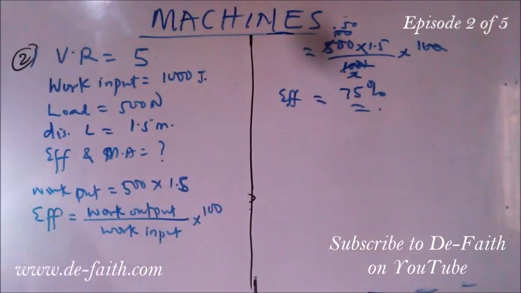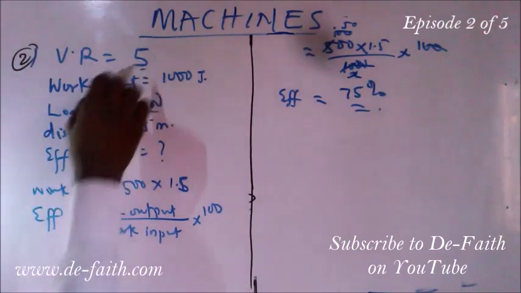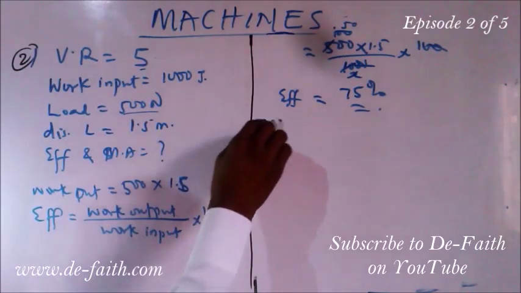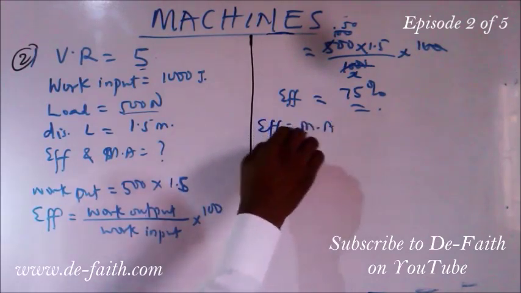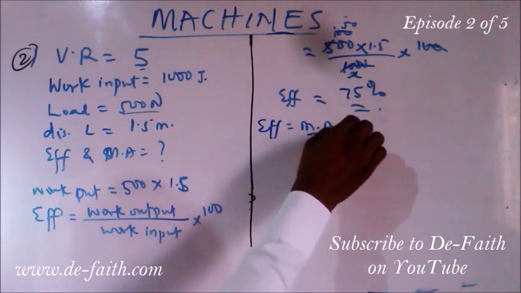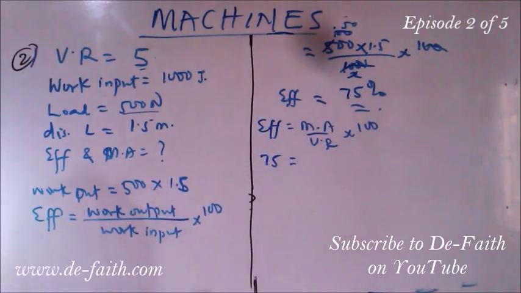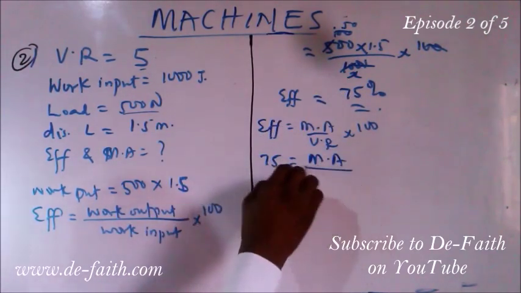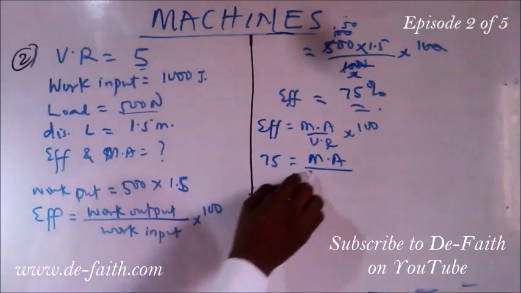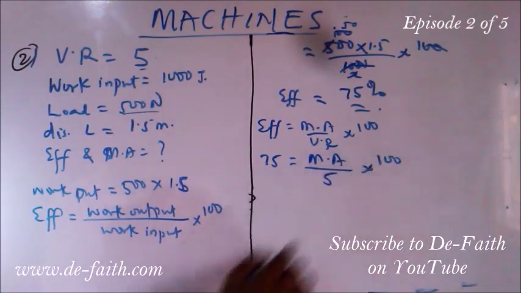And next is to determine the mechanical advantage. We are given the load to be 500 Newton and the velocity ratio to be 5. So we have it that efficiency equals mechanical advantage over velocity ratio times 100. The efficiency we've gotten to be 75, mechanical advantage is unknown, and velocity ratio is 5, multiplied by 100.